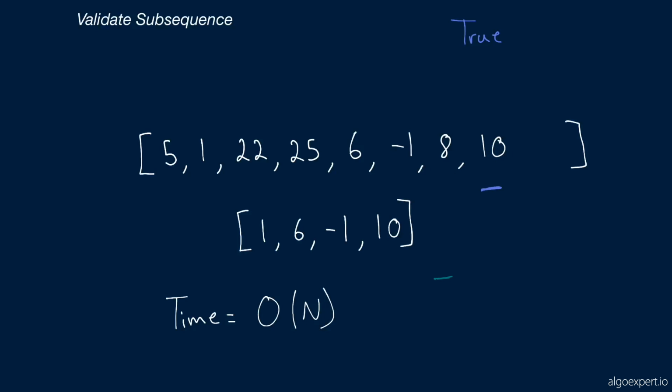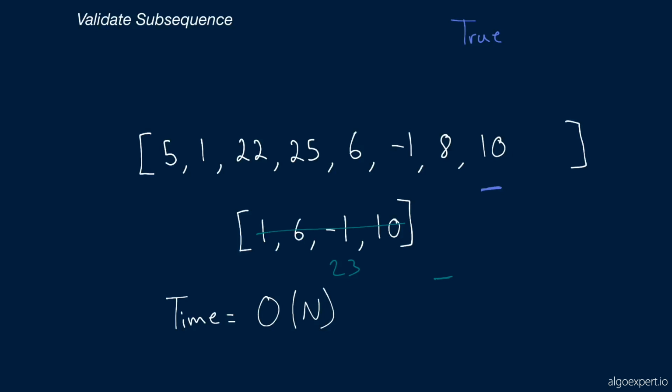And also, if the subsequence isn't contained in the main array, like imagine here, instead of having these numbers, we just had the number 23, we would have to iterate through the entire array to see that 23 is not contained in it. So all that to say, the time complexity is best described here as O of n, where n is the length of the main array, even though there will be a few cases where we will do fewer than n iterations or n operations.